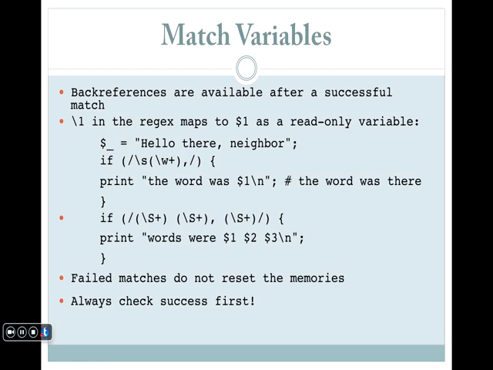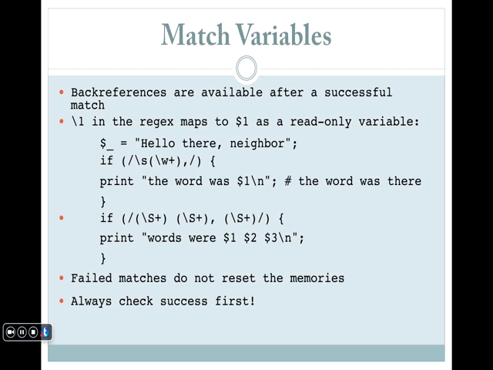So here in our regular expressions we have the parentheses. The regular expression then corresponds to the value that will be in one of the memory variables, which is named the back reference variable.